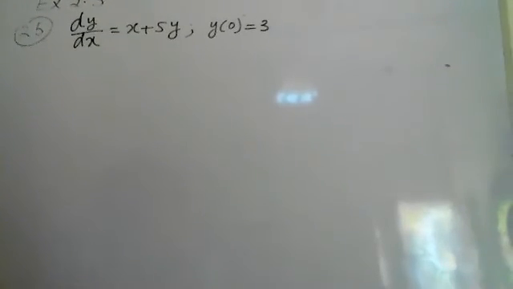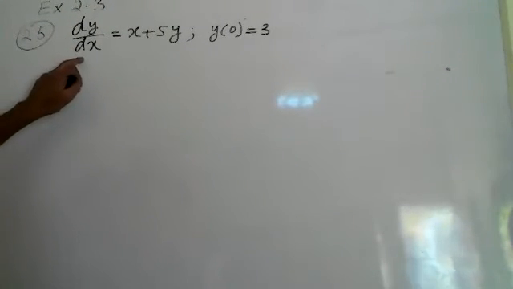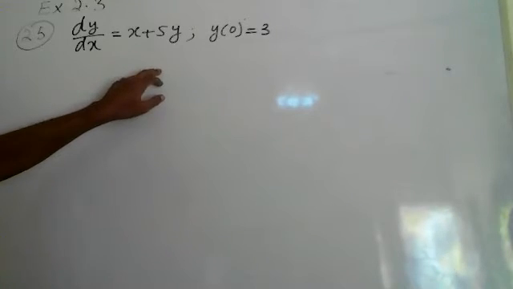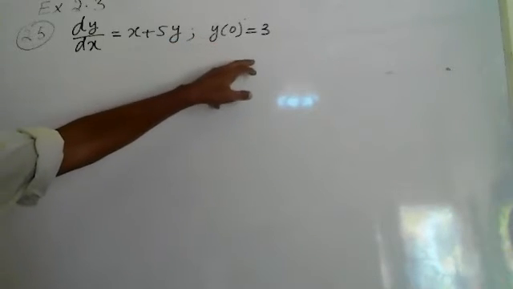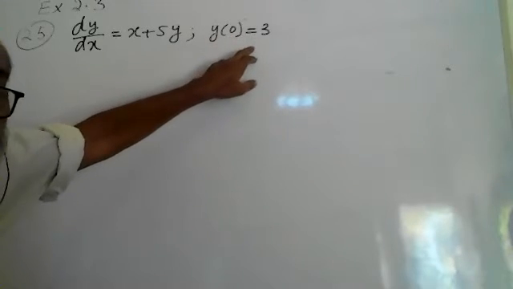This is the initial value. That means when x equal to 0, y will be equal to 3. In question number 25, dy upon dx is equal to x plus 5y with y(0) equal to 3. That means when x is equal to 0, y will be equal to 3.